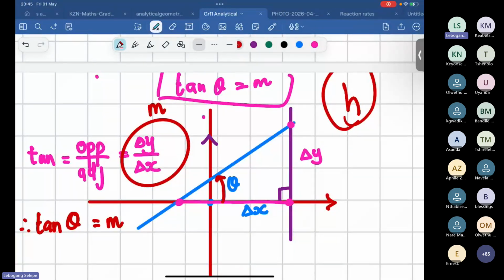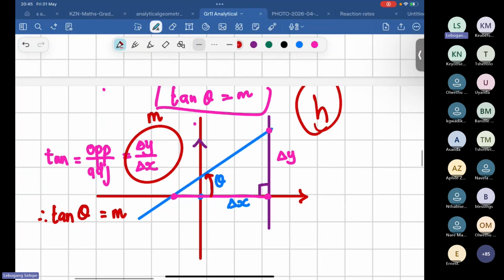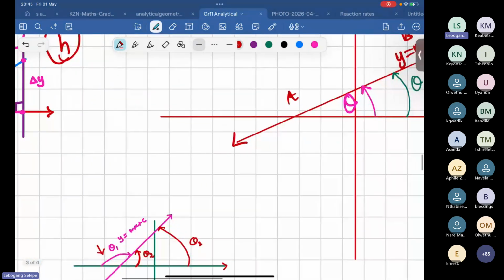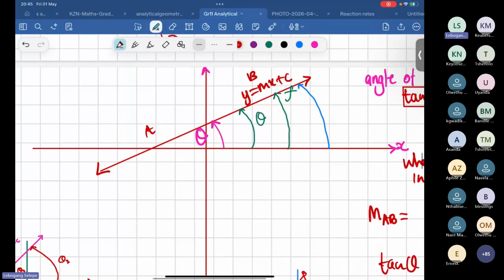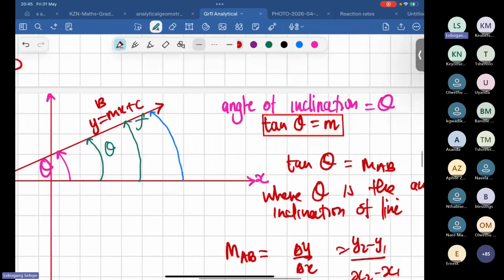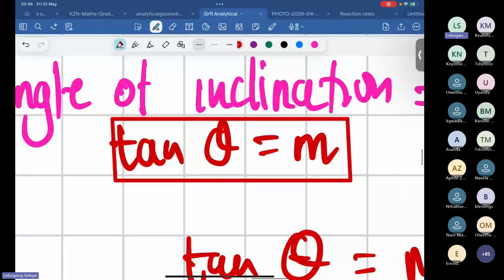And again, it makes everything true when you look at this sketch right here. Again, that is for interest sake, but it's to make you understand the angle of inclination. What is it? We use the angle of inclination to calculate the gradient of a function. If I know the angle of inclination, I automatically know the gradient because I can say tan of that angle of inclination, and I'll get the gradient.